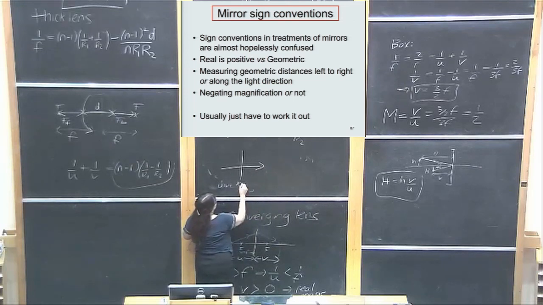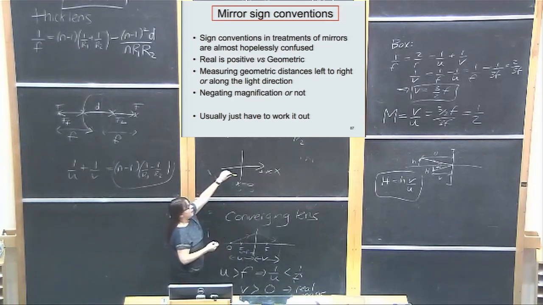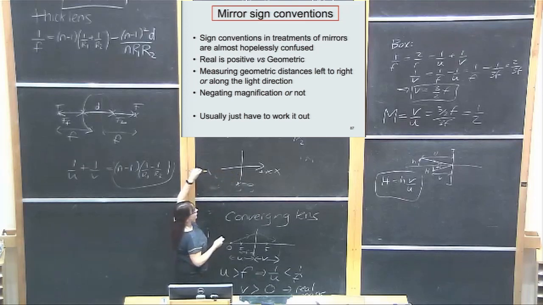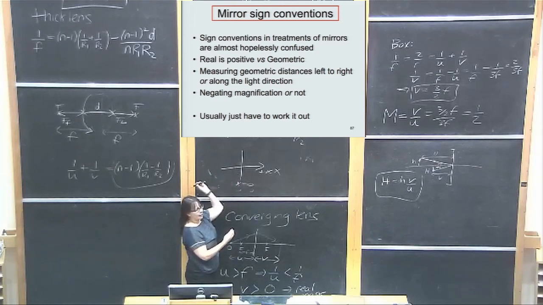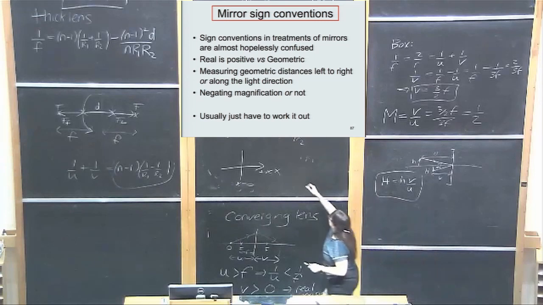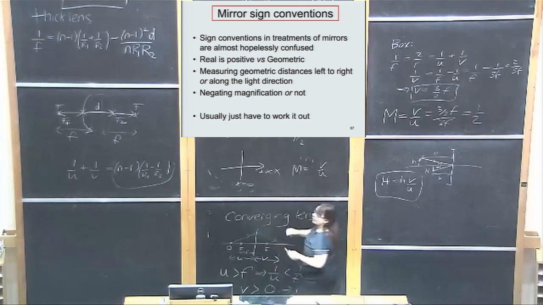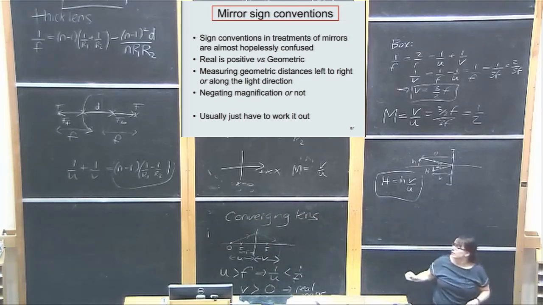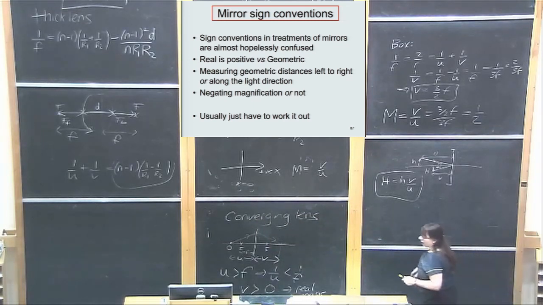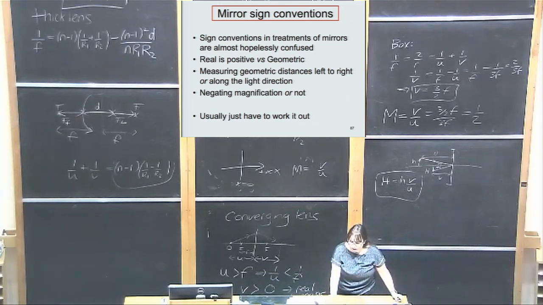So here's my mirror at x equals 0, and they will stick to that direction as being positive x the whole way through the problem. But then you'll find other books that will decide, well, let's follow the light path instead. So left to right is going to be positive until I hit the mirror, and then right to left is going to be positive. So you'll see all these different things. You've got the usual issue of shall I put a minus in front of the magnification or not. So there's at least these three places where arbitrary minus signs can creep in. In the end, you just have to stick with a sign convention you are happy with, and then work out what everybody else is doing if it looks different.